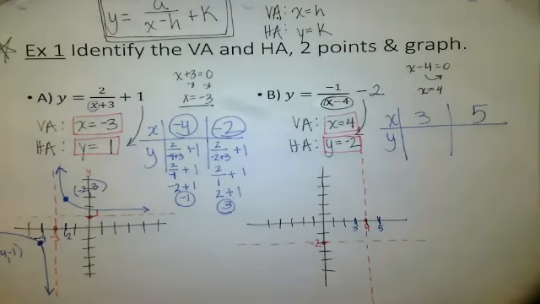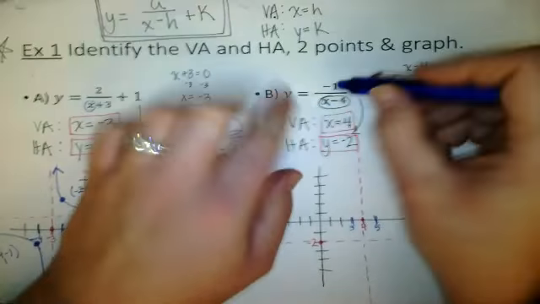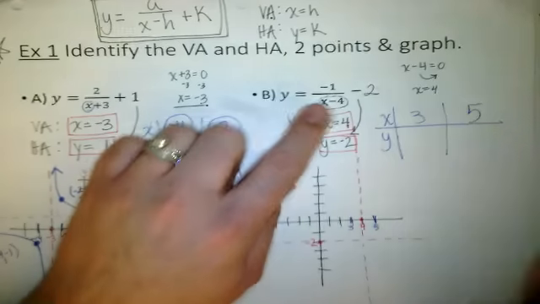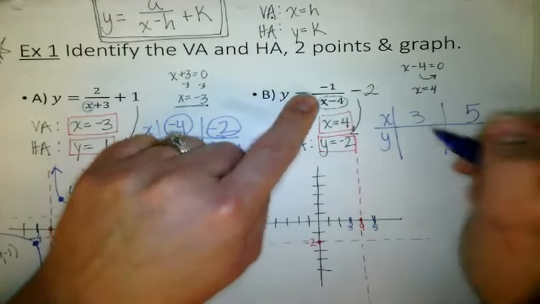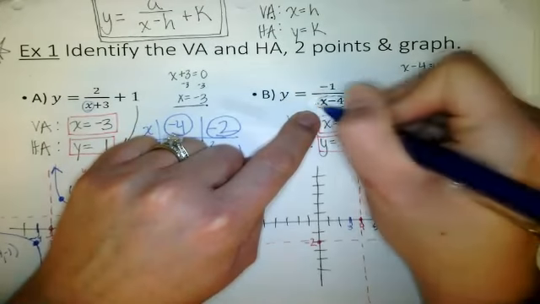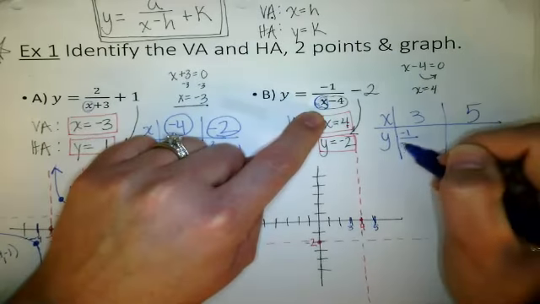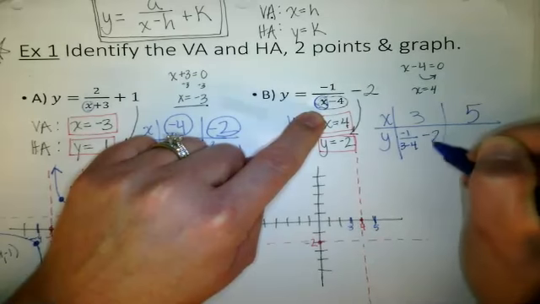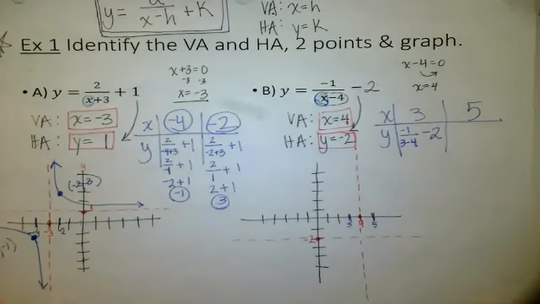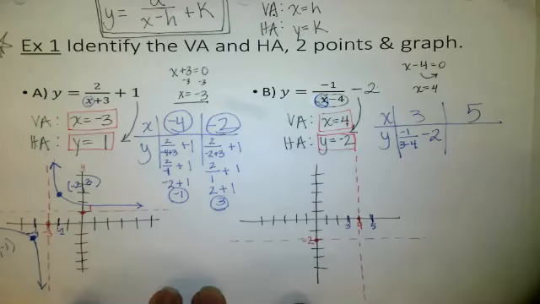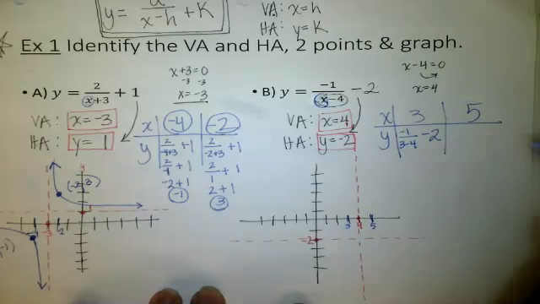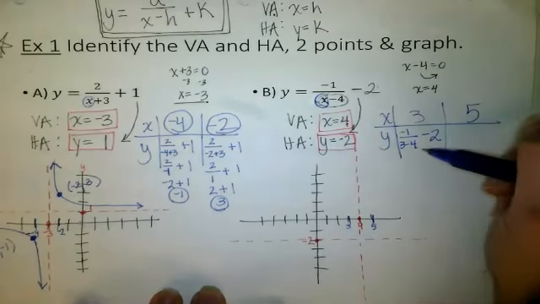And now what do we do with those numbers? Plug them in. Yeah, that's what functions are for. We just get to plug them in. So I'm going to plug into my function -1 over, in place of the x, a 3. Everything else is the same. Now we just have to simplify. What is 3 minus 4? -1.